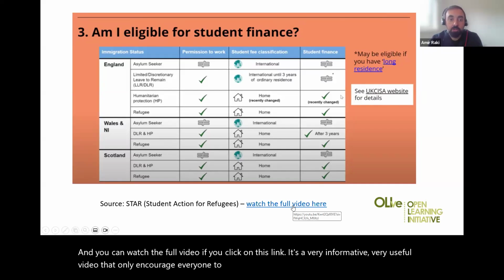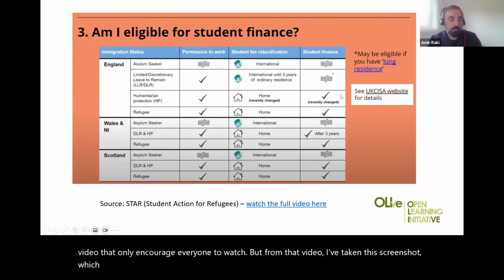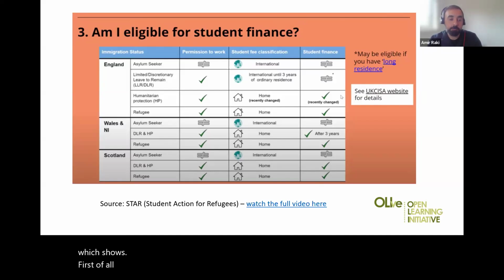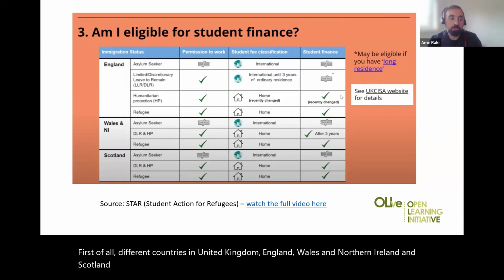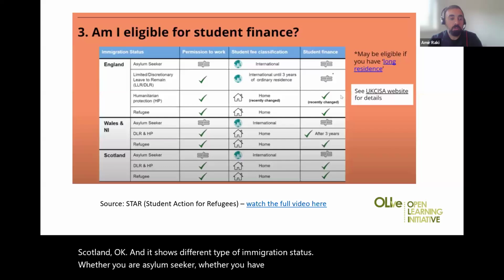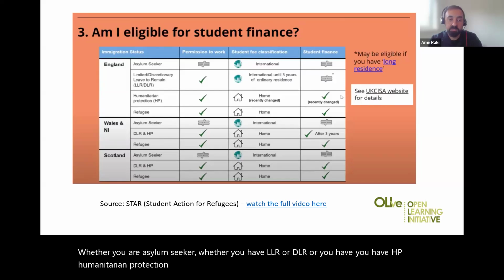But from that video, I've taken this screenshot, which shows, first of all, different countries in the United Kingdom, England, Wales and Northern Ireland, and Scotland, okay? And it shows different types of immigration status, whether you're an asylum seeker, whether you have LLR or DLR, or you have HP, humanitarian protection, or refugee status.